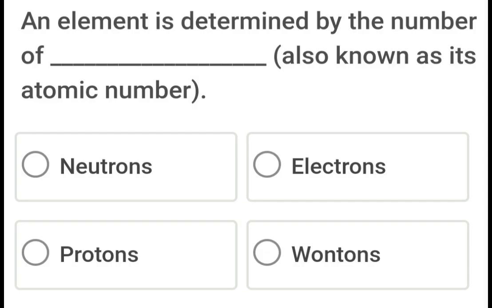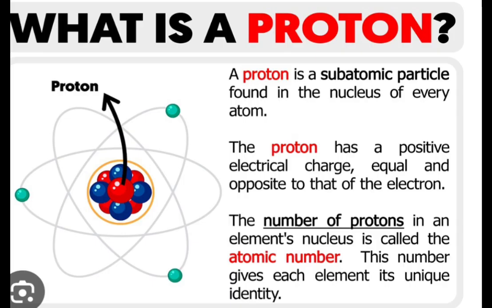Then eighth question. An element is determined by the number of dash, also known as its atomic number. A. neutrons, B. electrons, C. protons, D. wontons. We are going to select protons as our answer. An element is determined by the number of protons, which is also known as its atomic number. This atomic number of an element uniquely identifies it and determines its position on the periodic table.